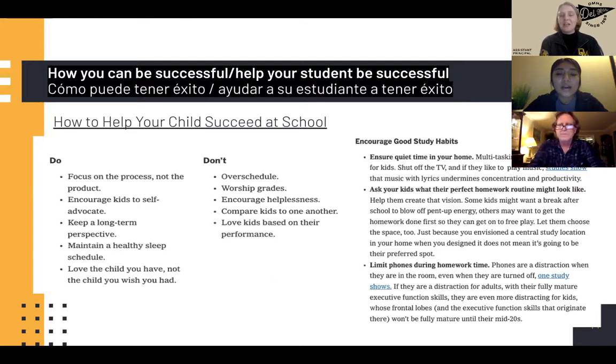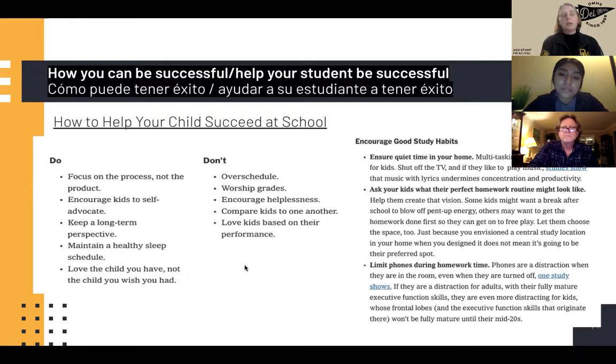And even things like listening to music, studies are showing that that's a distraction and can make studying and learning a lot more difficult. Everybody's different and everybody has things that help them. But for the most part, limiting that technology and really having students be able to focus on one thing is going to be huge.